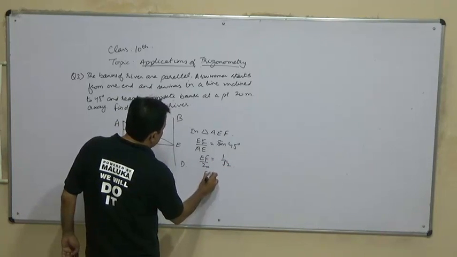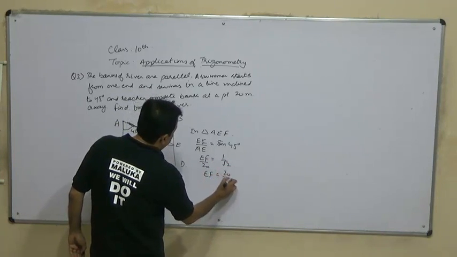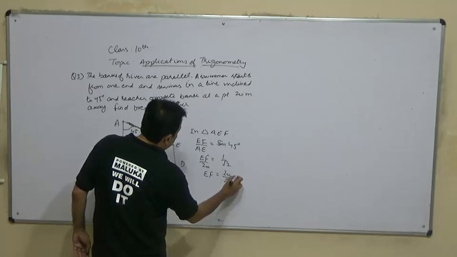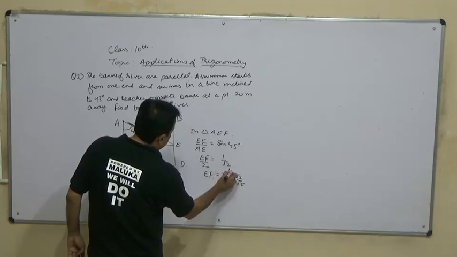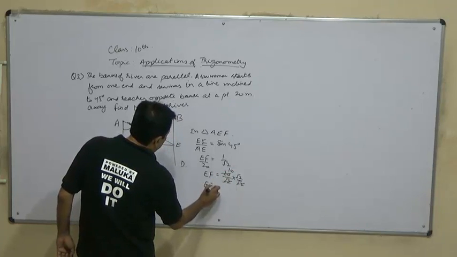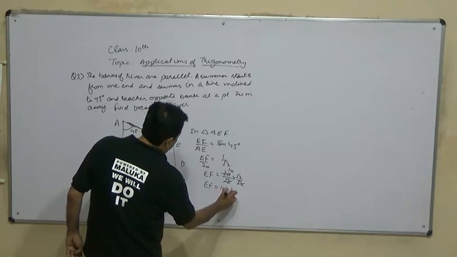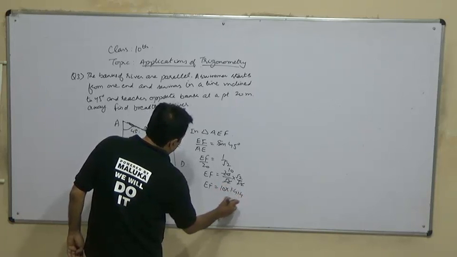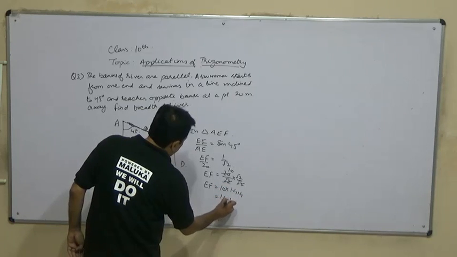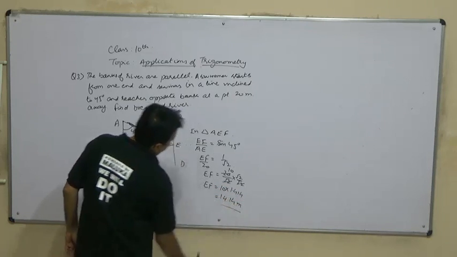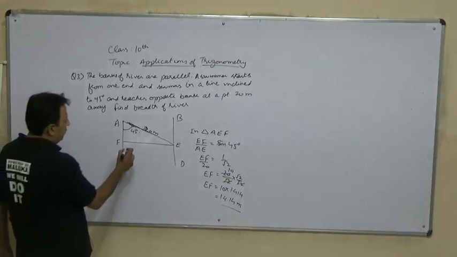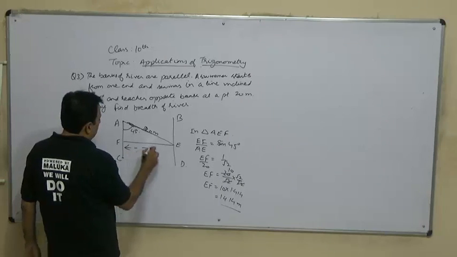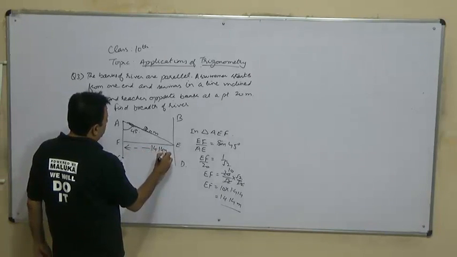So EF is equal to 20 upon under root 2, multiply and divide by under root 2. This becomes 10 into 1.414, which is 14.14 meter. So this will be the width of the river.